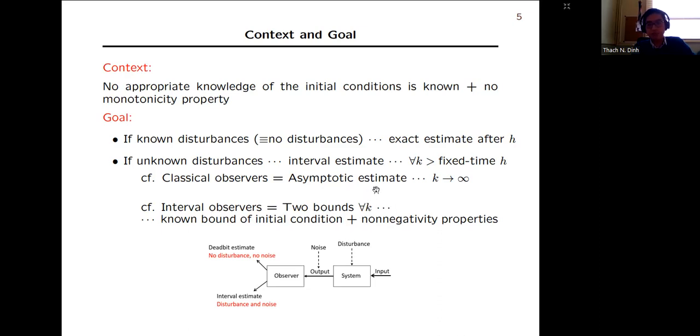So there are two advantages. We can give an exact estimate when we have no noise and disturbance, or we call it a deadbeat estimate, and we give an interval estimate without knowing the bounds of the initial condition and without considering the monotonicity properties.